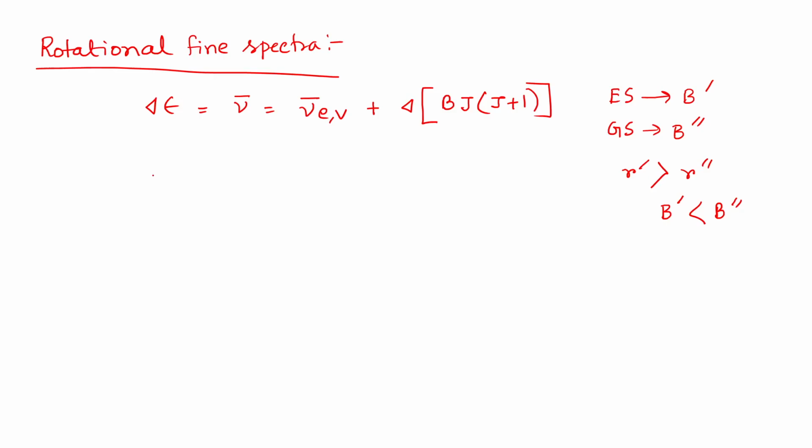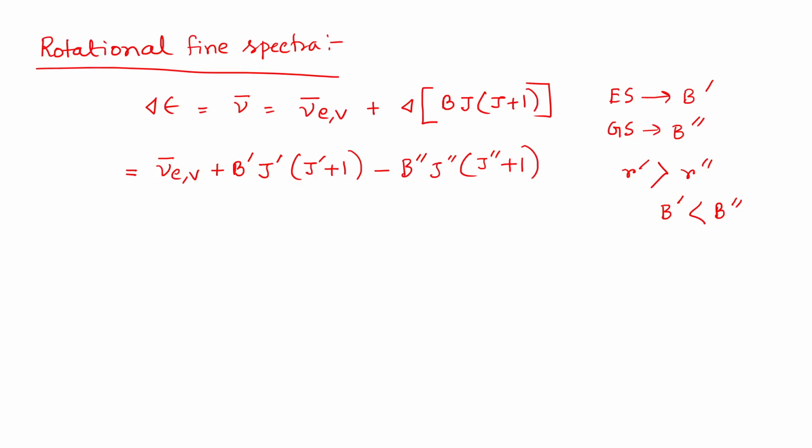Now, how can we write this? The next part, nu EV, we can write it as B dash J dash (J dash plus 1) minus B double dash J double dash (J double dash plus 1). Now here comes an interesting thing: we know that there are three selection rules, right?